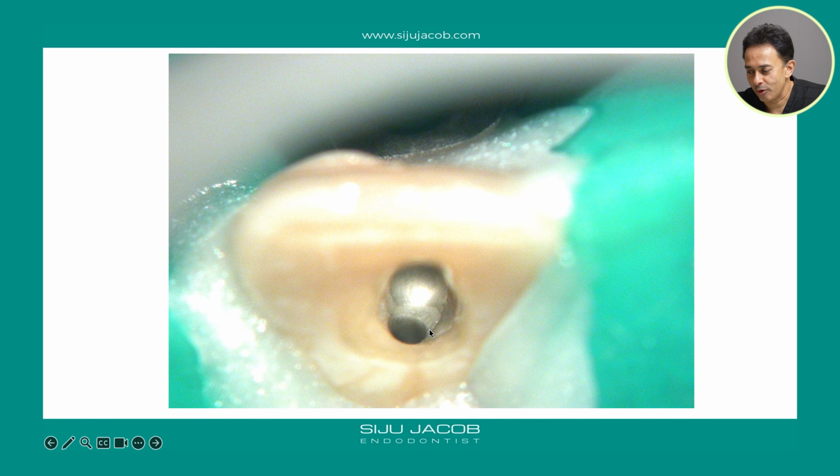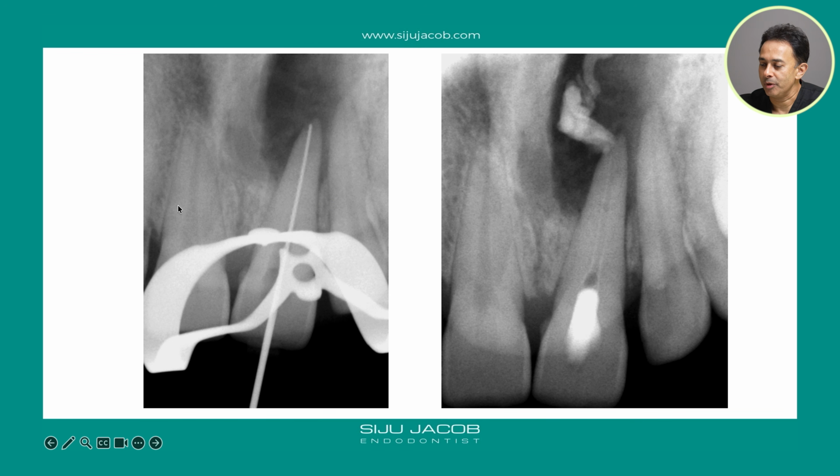So that's an example of how, when we get these cases, we can look for the canal palatal to where the previous clinician was looking for the canal. Once we locate the canal, then we can go in there, clean and shape, and then put calcium hydroxide, and then it takes the usual course of what we do in any endo-treated tooth.